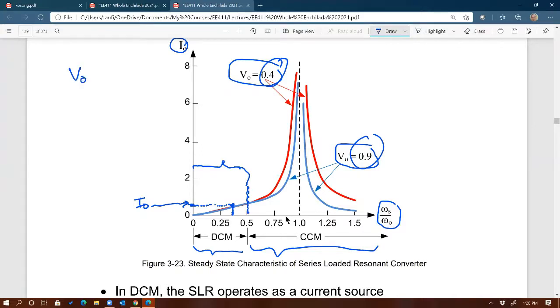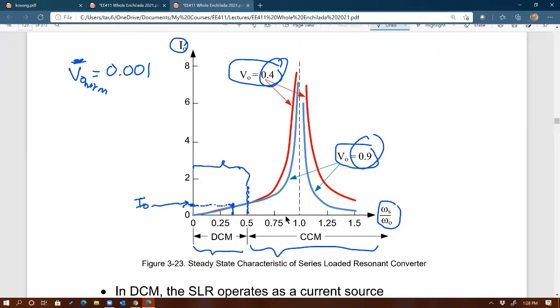Well, what do you call this right here? Ratio of output, and this is normalized. So what do you call this condition, when the ratio of the output voltage to the input voltage is 0.001, let's just say? What do you call that condition?